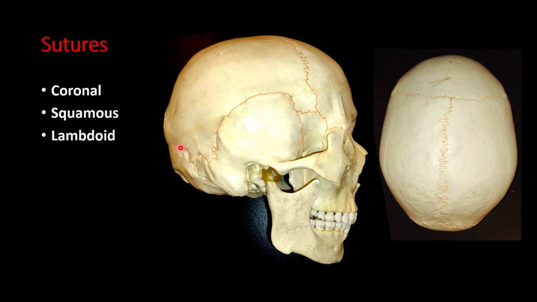Lambdoid is connecting the occipital bone, which is this one, with the parietal bone. And the sagittal. So you have to look at this superiorly to see it. And this is connecting the two parietal bones. This small part of lambdoid suture is also here. This is the superior view.